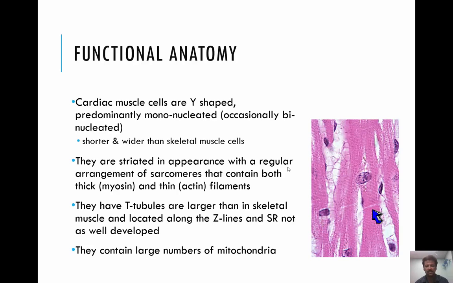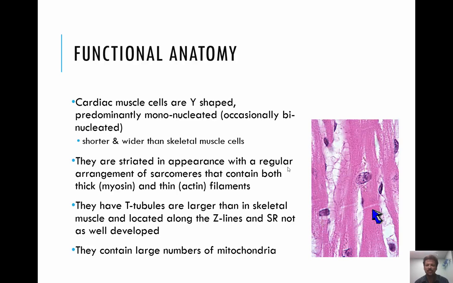However, just like skeletal muscle cells, they have a regular arrangement of sarcomeres with thick and thin filaments, and as such, they appear striated. So if you look at cardiac muscle, it will have the same banding pattern that you'd see in skeletal muscle under a microscope.